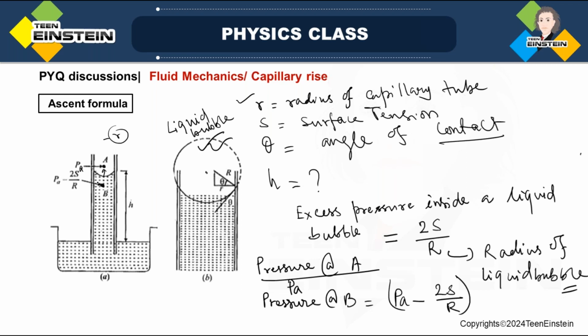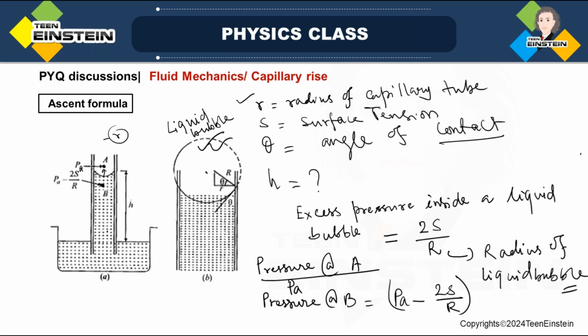The liquid column will give a certain pressure at this particular position. Due to this excess pressure, the liquid rises in the capillary tube by height small h, when the hydrostatic pressure exerted by the liquid column becomes equal to the excess pressure.